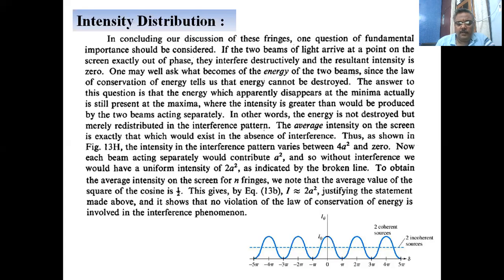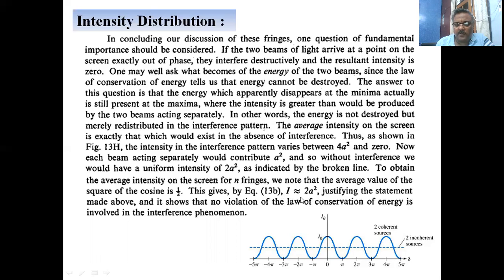Like you can see, if there are two coherent sources, the intensity is maximum. In two incoherent sources, it is a minimum intensity. Intensity for a particular source we know is equal to 2a square.